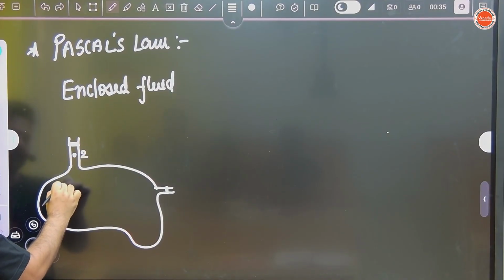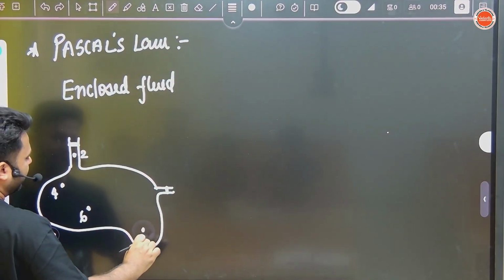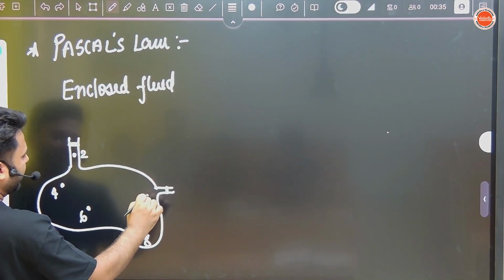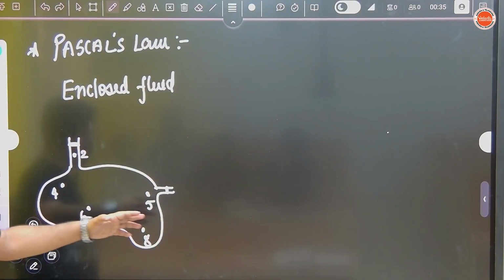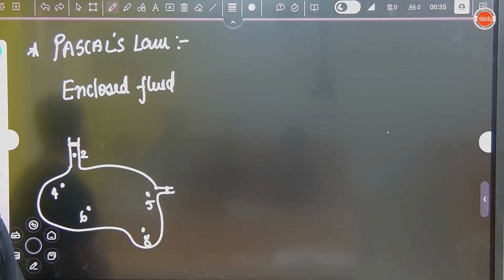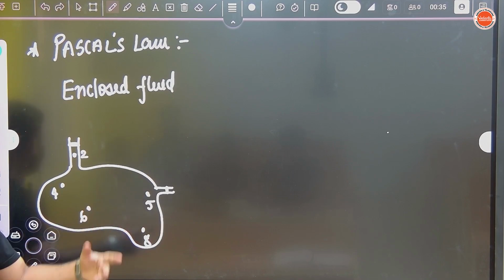Here pressure is 4. Here pressure is 6. Here pressure is 8. Here pressure is 5. Suppose at different points, different pressure. If you go to a depth h, pressure increases, no? So there is a container. Here pressure is 2, 4, 6, 8, 5 like this.